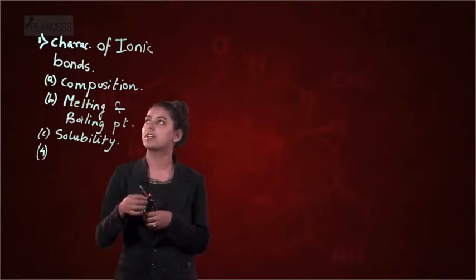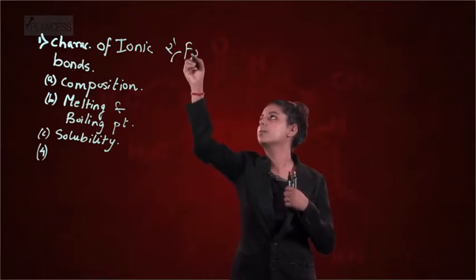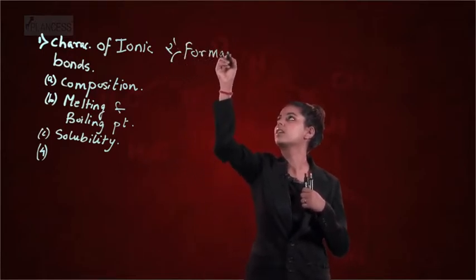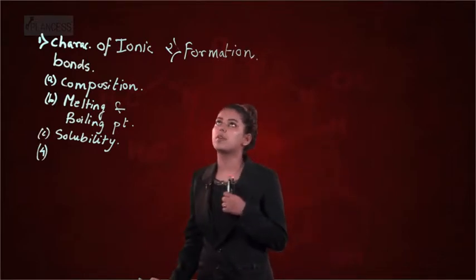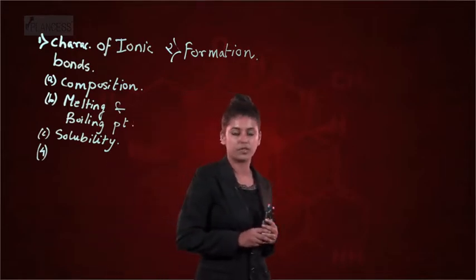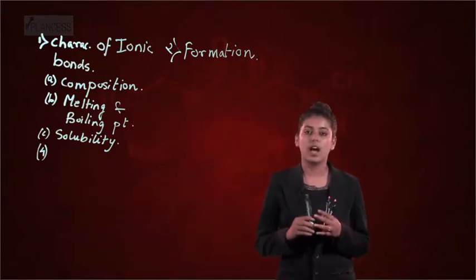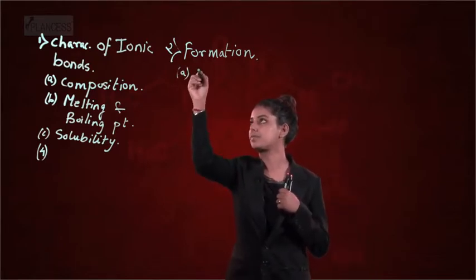The second topic is the formation of ionic bonds. Firstly, they are formed solely because of electrostatic force of attraction. The next is how these are formed. Firstly, it is the ionization potential.